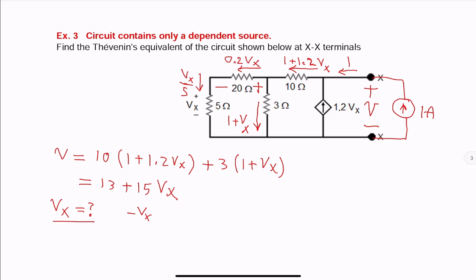So current, if it enters positive terminal of the voltage, voltage is Ri. Against the direction of the current, you notice that going clockwise, we see the negative side first. So negative resistance times current, 20 times 0.2 Vx. Go straight through the 3 ohm resistor in the direction of the current, so 3 times 1 plus Vx equal to 0.